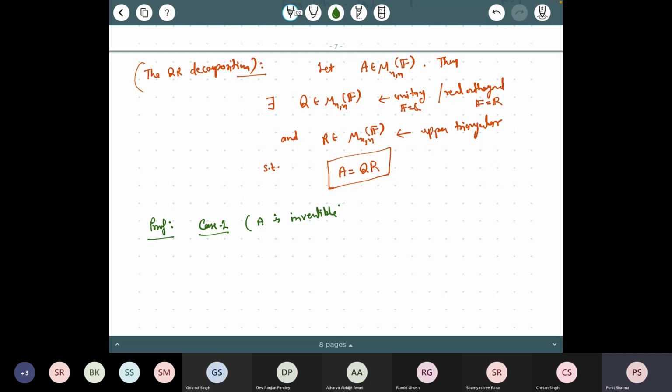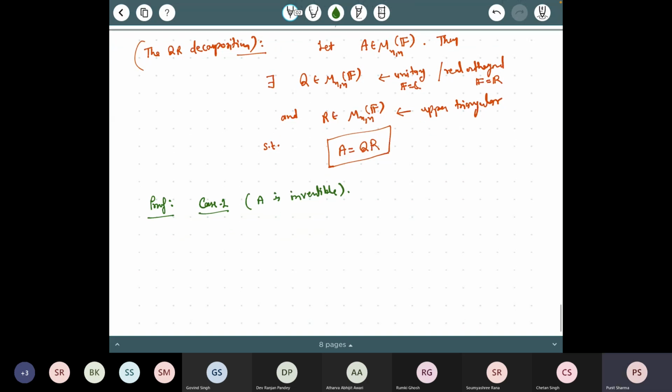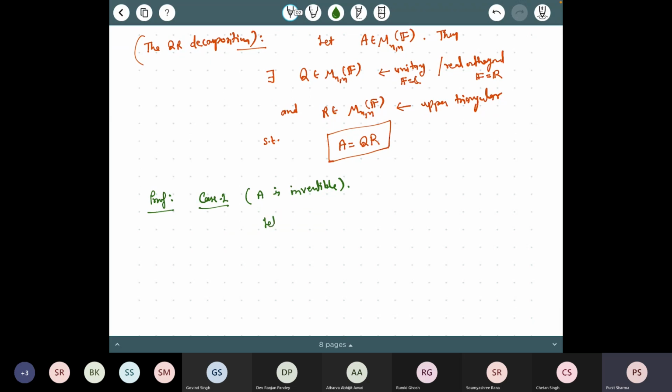Suppose that this matrix A is invertible. We are given only the matrix A, and we have to find Q and R. A is an n cross n matrix, so let us suppose that A has n columns, and I'm writing the columns of A as A1, A2, and so on up to An, where Ai is the ith column of A. So I'm writing A column-wise.